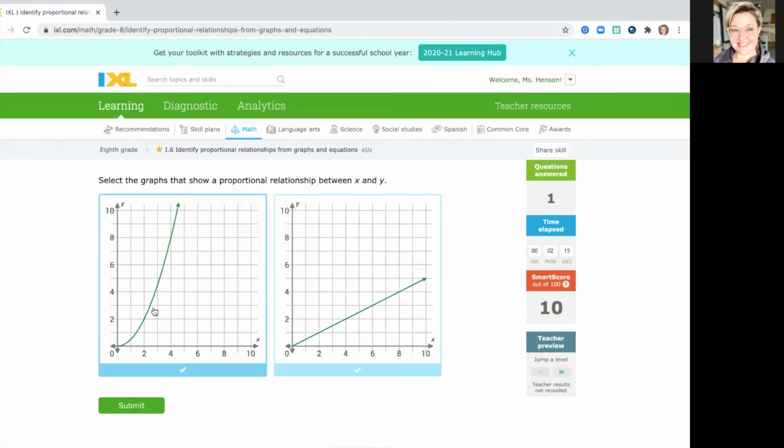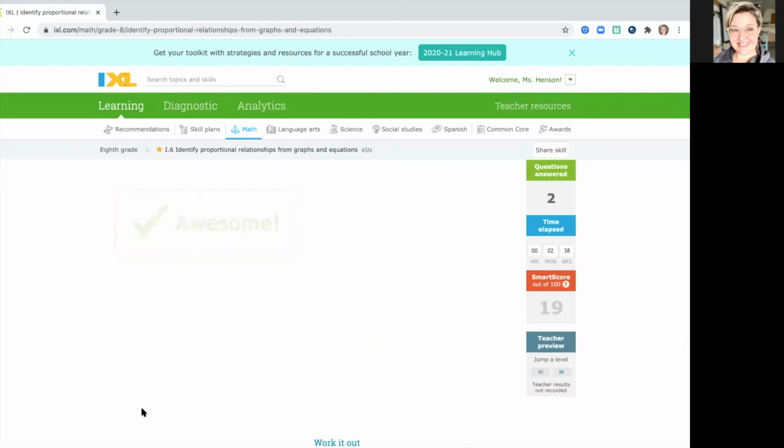Is this a straight line? No, this shows a different type of information, and you'll see graphs like this in other assignments, but this doesn't show a proportional relationship. This one does intersect the origin 0, 0, and it continues on in a straight line. So we know this one shows a proportional relationship between x and y.